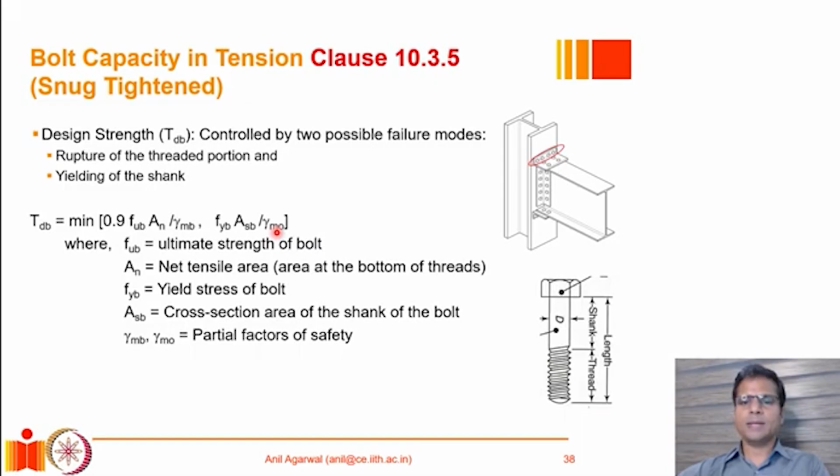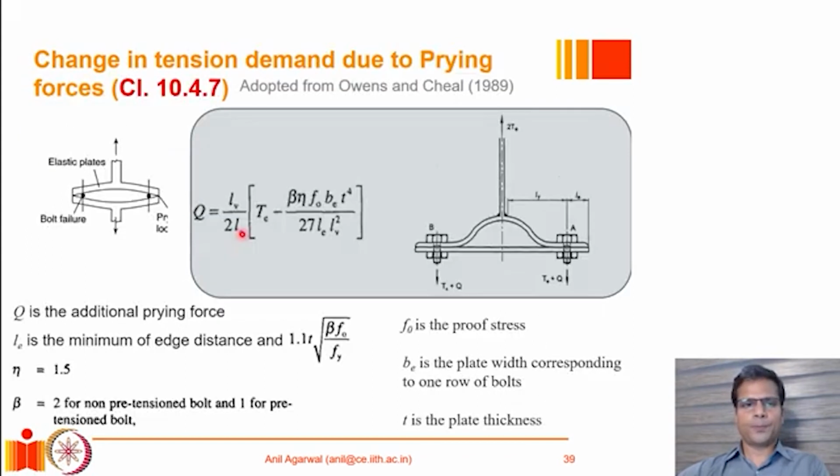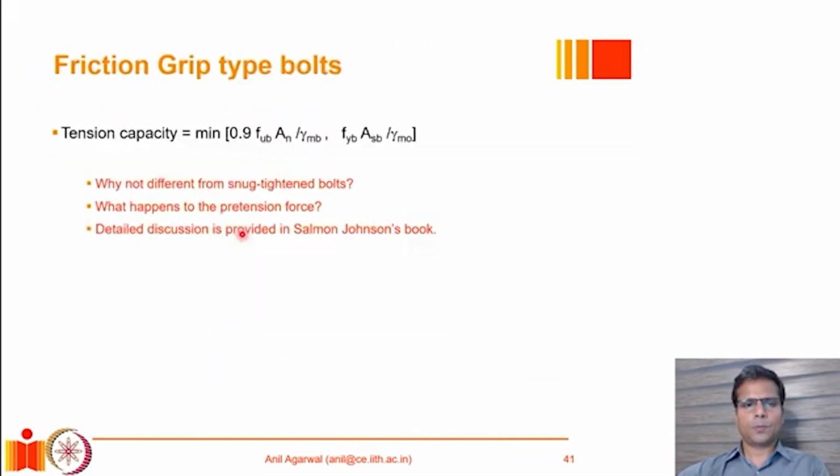So other than the prying action effect, which depends on whether the bolt is in pre-tension or not, the tensile strength of a bolt does not really depend on whether the bolt is subjected to a pre-tension or not. So the tension capacity of a friction grip type bolt which is in pre-tension remains the same. It is given by the same expression.